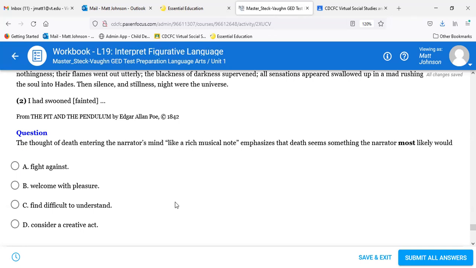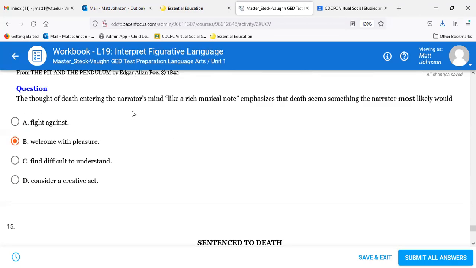B? Yeah, right. The way it's described, rich musical note, that's something that's pleasant. So he's going to welcome it. Yes, B as in boy for 14.